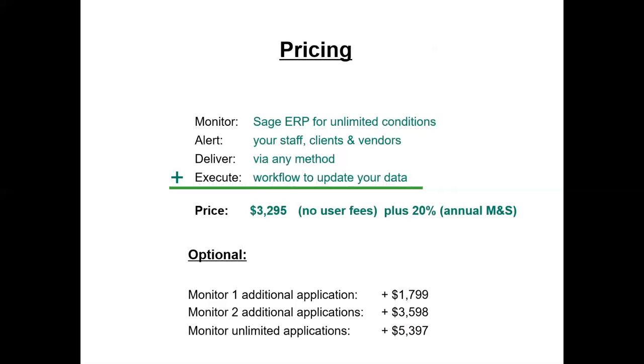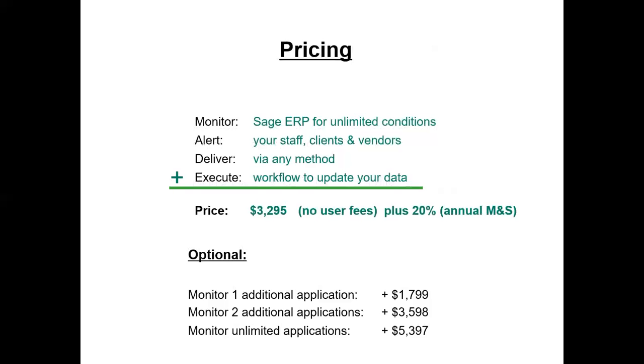Sage Alerts and Workflow is licensed according to the number of applications you wish it to monitor. So let's make this very easy. Let's say that you want to use Sage Alerts and Workflow to monitor your Sage 100, your Sage ERP application. You want to monitor it for an unlimited number of business conditions. You want the ability to trigger alerts to an unlimited number of recipients, not only your own staff, your clients, your vendors, suppliers.